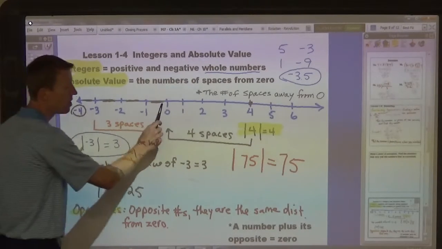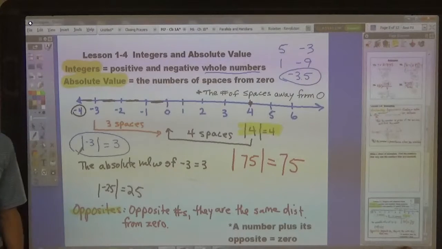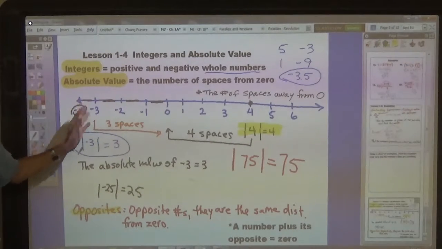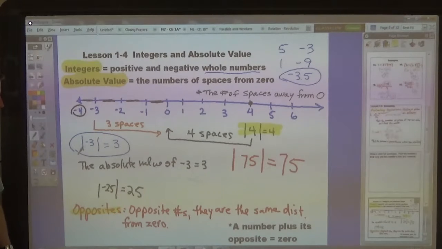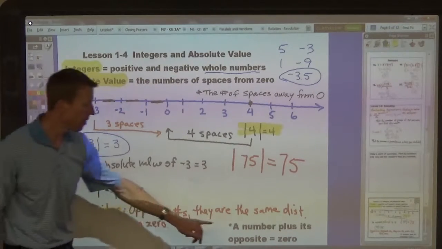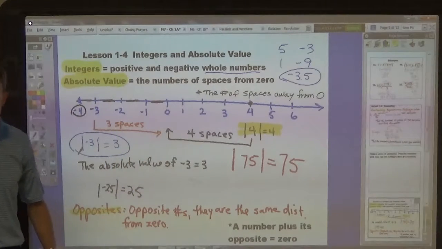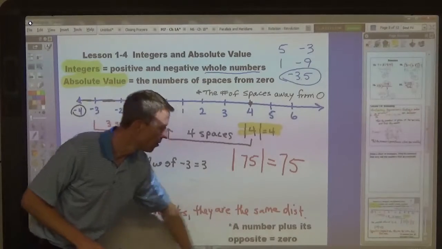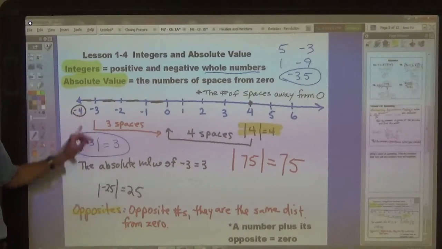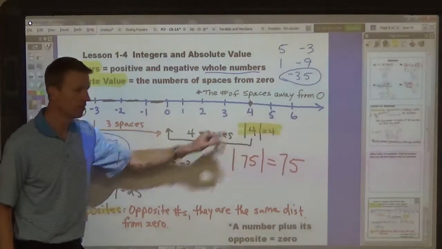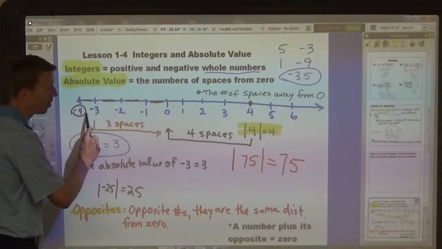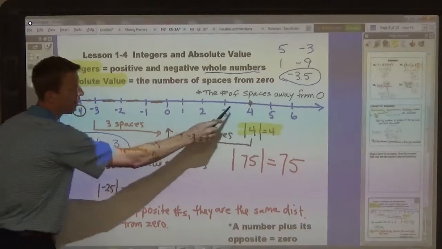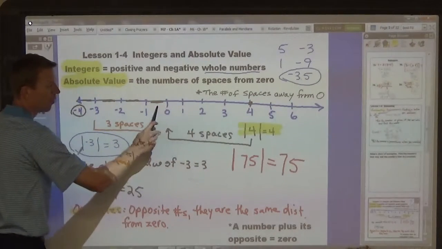The same distance from 0, they have the same absolute value, but they're on the opposite side of 0. And there's a property or a rule about opposites. If you add two opposites together, it equals 0. -4 plus 4 is 0. Or 4 minus 4 is 0.